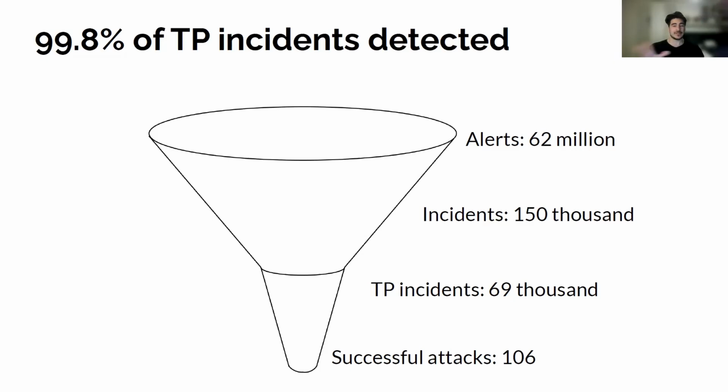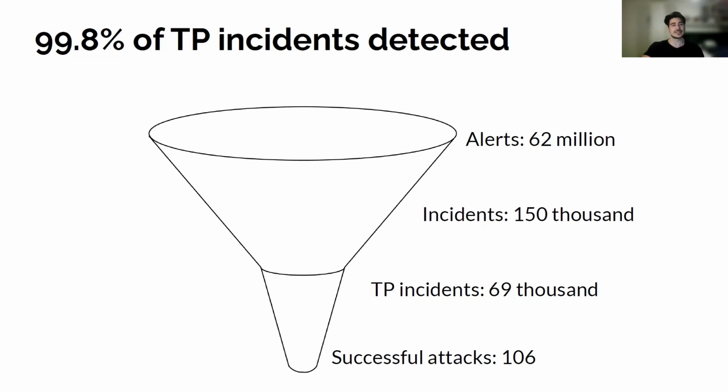And they were able to condense these 62 million alerts into 150,000 incidents. So a big jump there. Out of these 150,000 incidents, they were again condensed to 69,000 true positive incidents. And finally, out of these 69,000, only 106 of these incidents turned out to be successful attacks.